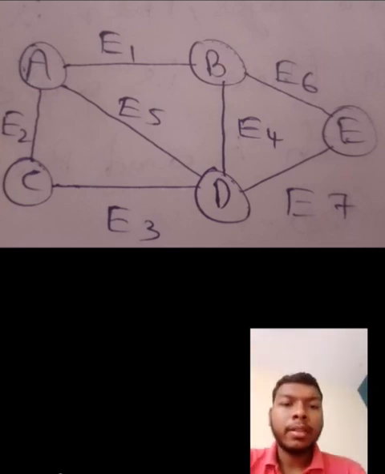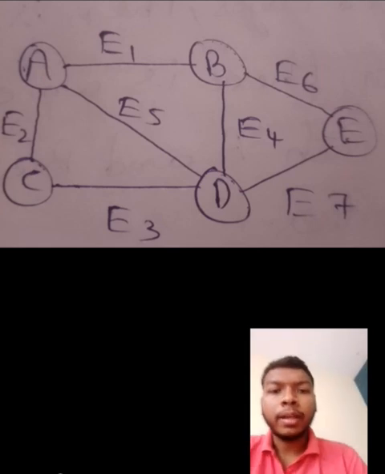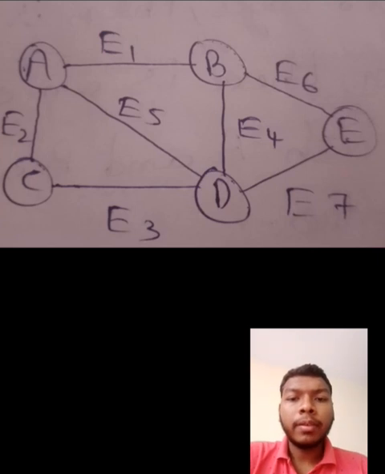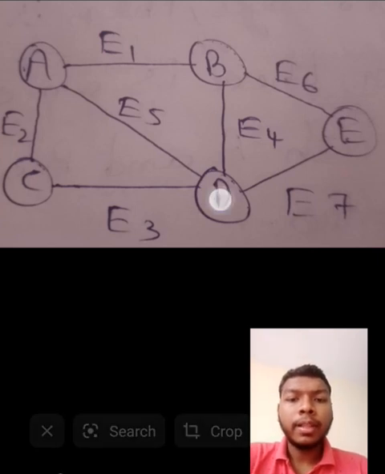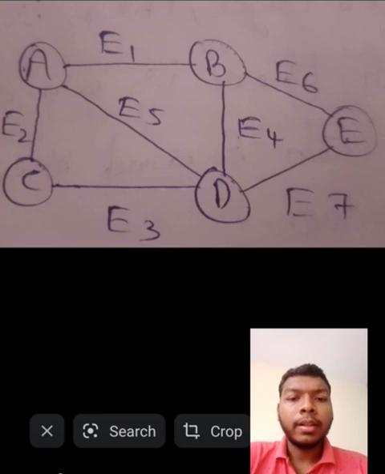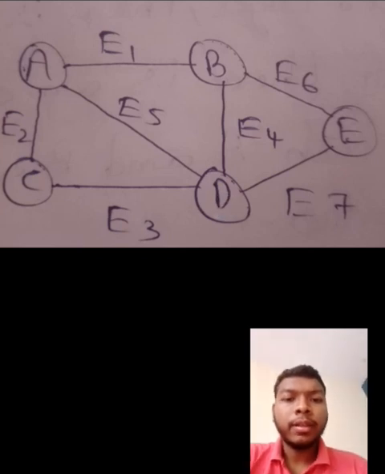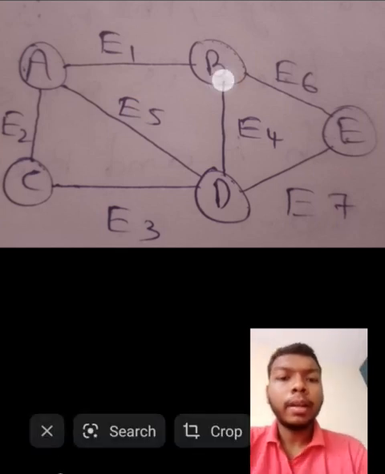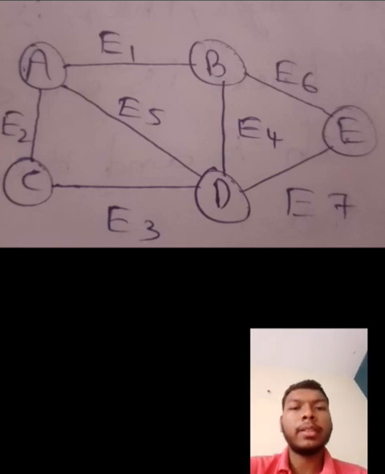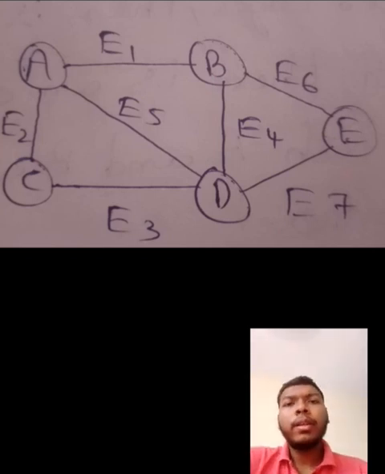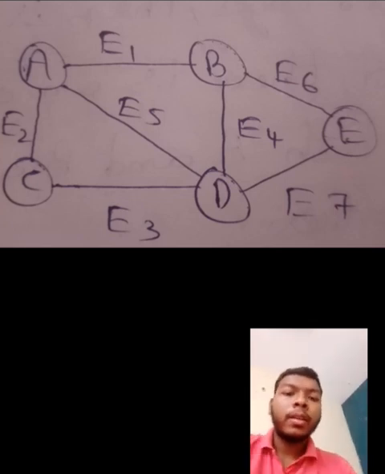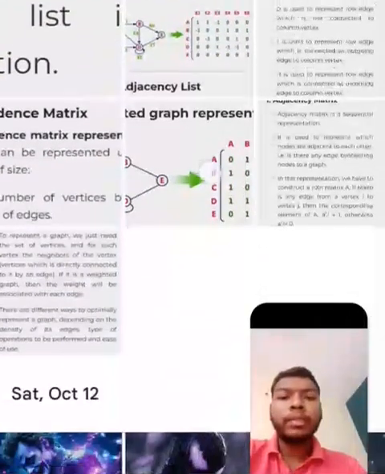Here A and B have a common edge, that is E1, and A and C have a common edge, that is E2, and C and D have a common edge E3, and D and B have a common edge E4, and A and D have a common edge E5, and D and E have a common edge E7, and B and E have a common edge E6.